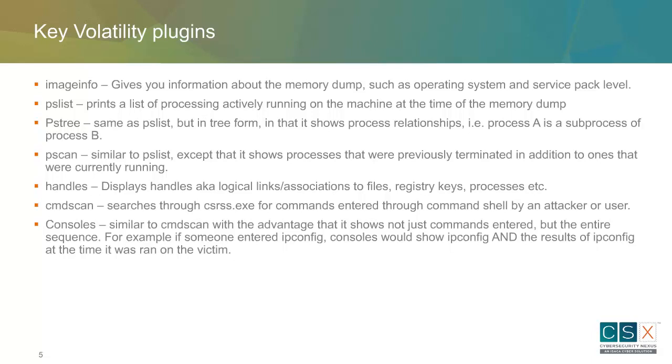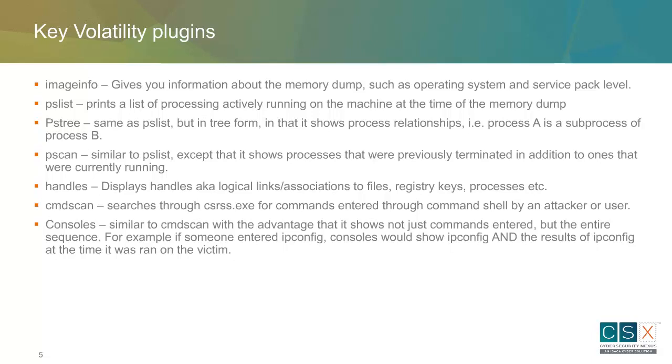So we ended up writing our own Python plugin to take these dumps en masse and do an image info against each one and give us a list of what operating system each memory image was. That tremendously sped up our memory forensics process in that particular instance.